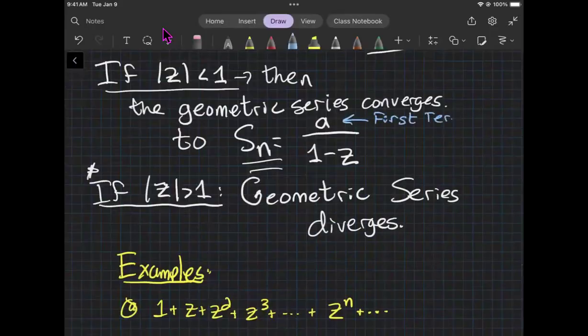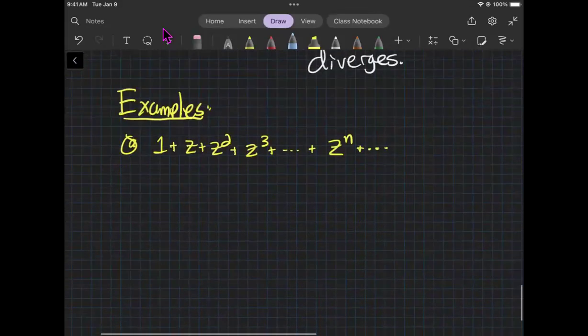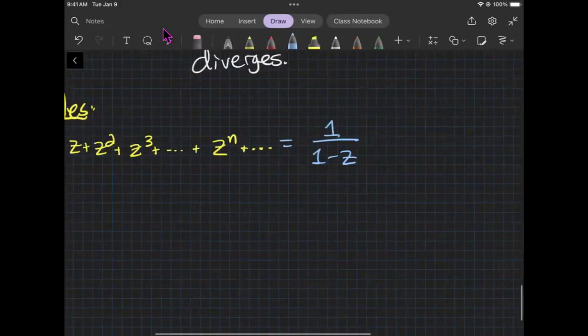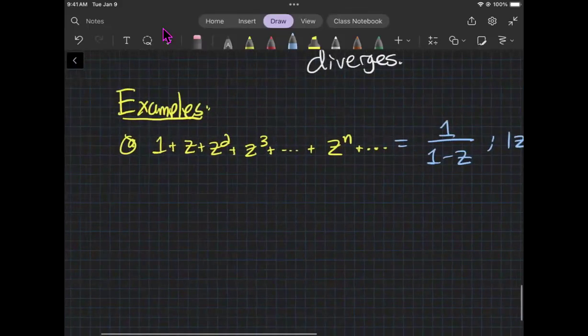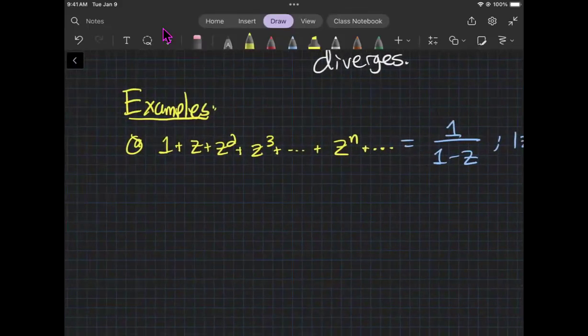A is usually the first term in the geometric series, and then z is the common ratio, right? So in this case, this series will equal 1 divided by 1 minus z. The common ratio is z, and the length of z has to be less than 1 in order for this to converge.